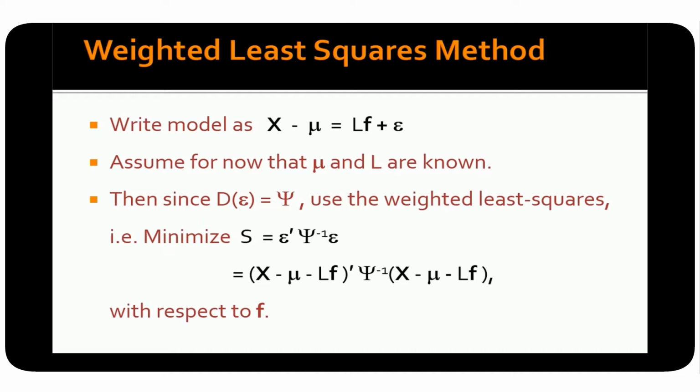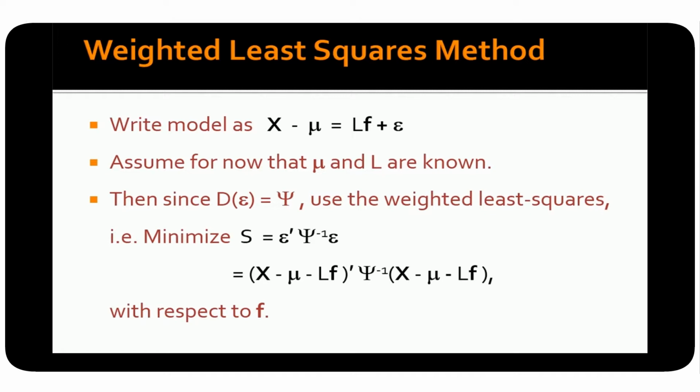First, the generalized least square method or the weighted least squares. Now, we have the model x minus mu is equal to LF plus epsilon. For the moment, assume that mu, L, etc. are known to us. Then, since epsilon has a dispersion matrix which is not spherical, in the sense that the diagonal elements are different for each of the individual i's, we need to apply the weighted least squares.